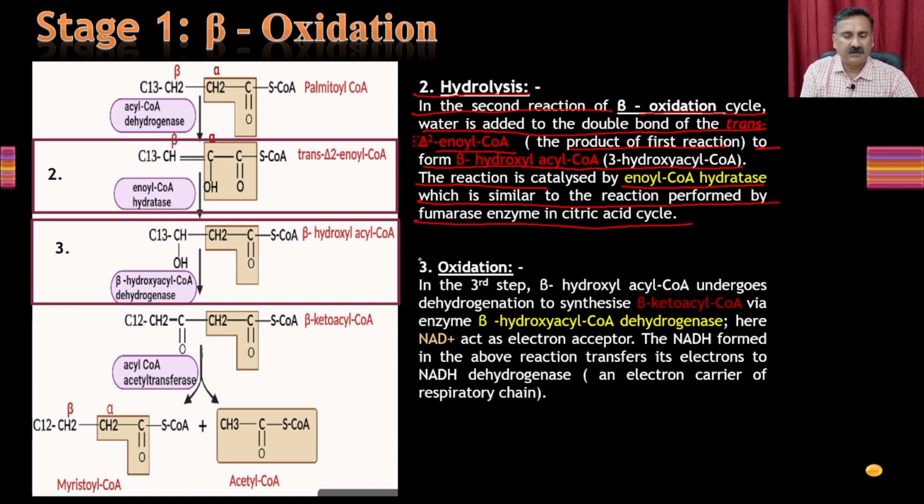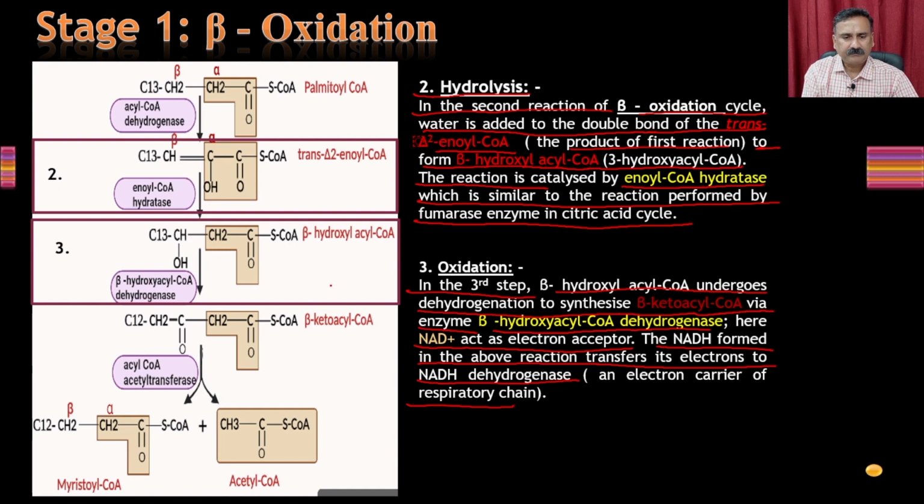Then we have the second round of oxidation. In the third step, beta-hydroxyacyl CoA undergoes dehydrogenation to synthesize beta-ketoacyl CoA, and the enzyme is beta-hydroxyacyl CoA dehydrogenase. Here, NAD+ acts as an electron acceptor. NADH is formed in the process, and it passes its electrons to NADH dehydrogenase.